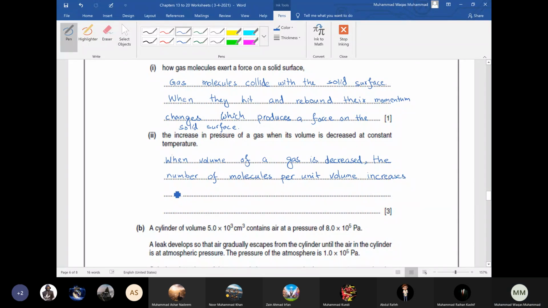And beta, so the number of collisions per second increases, hence pressure increases.